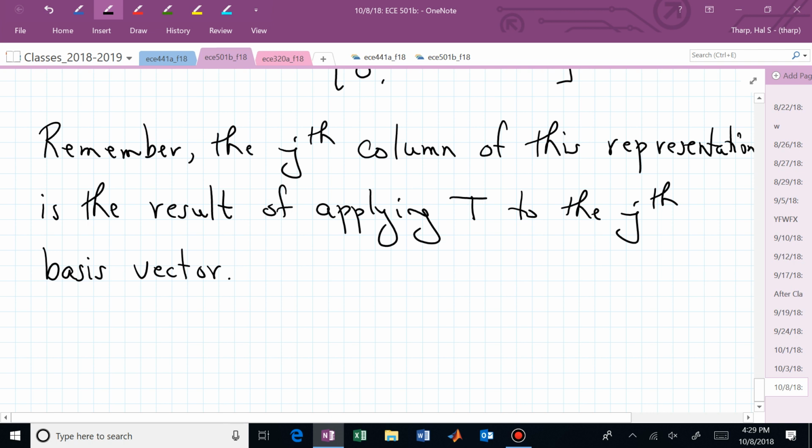So our matrix representation is now: how do we combine these basis vectors to create T V sub j, for example, or the jth column?